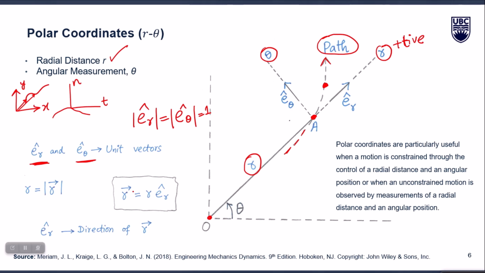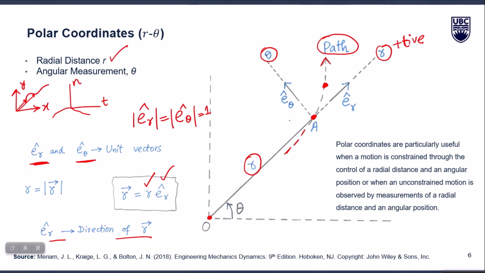The r vector, the position vector for a particular point, can be written as a product of its magnitude, which is the radial distance r, times its direction, which is now described by the unit vector E sub r, right? So E sub r is describing the direction of r.